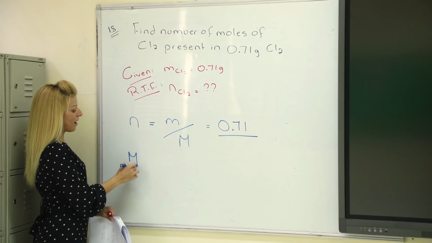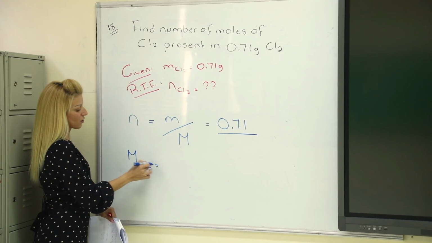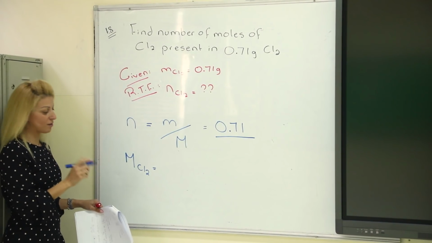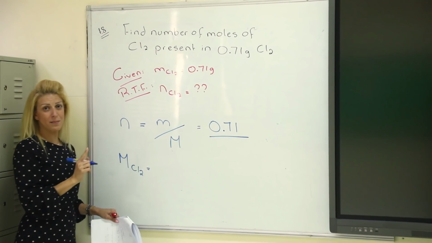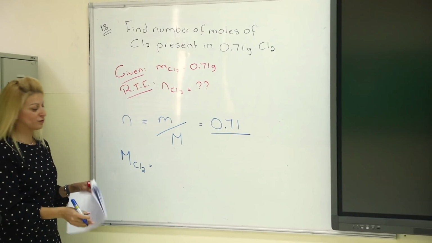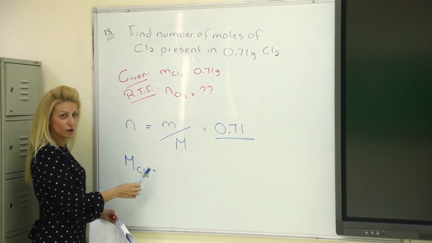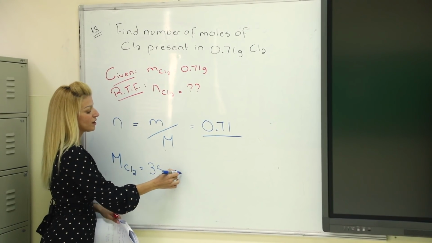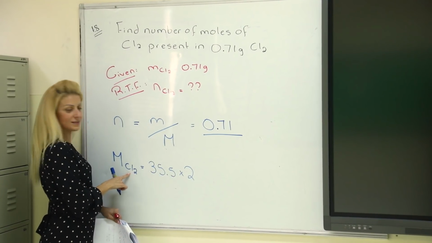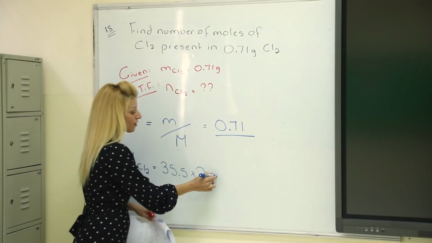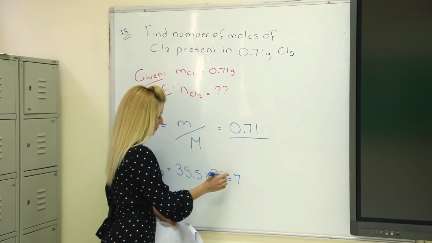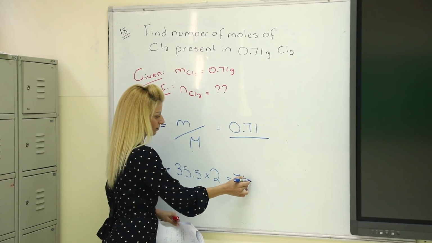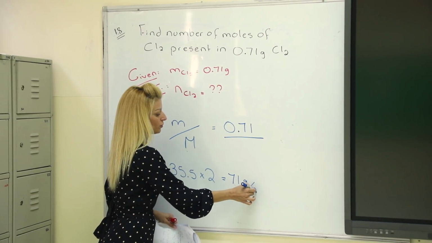Now the molar mass of chlorine equals, from the periodic table, Cl's atomic mass is 35.5. So Cl2, its molar mass will be 35.5 times 2, because it's a Cl2, which is equal to 71 grams per mole.